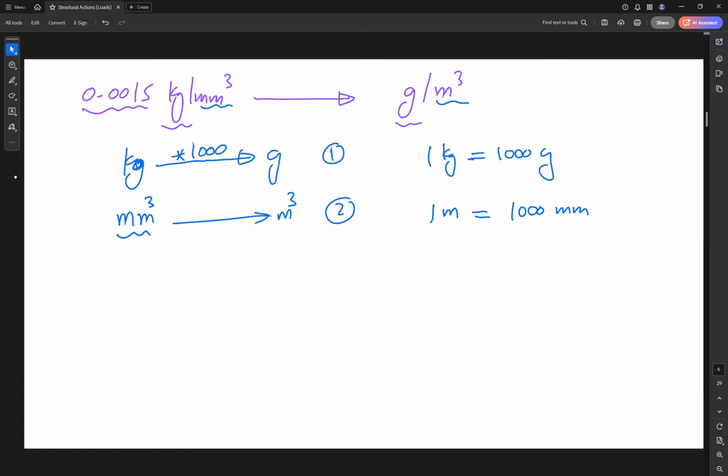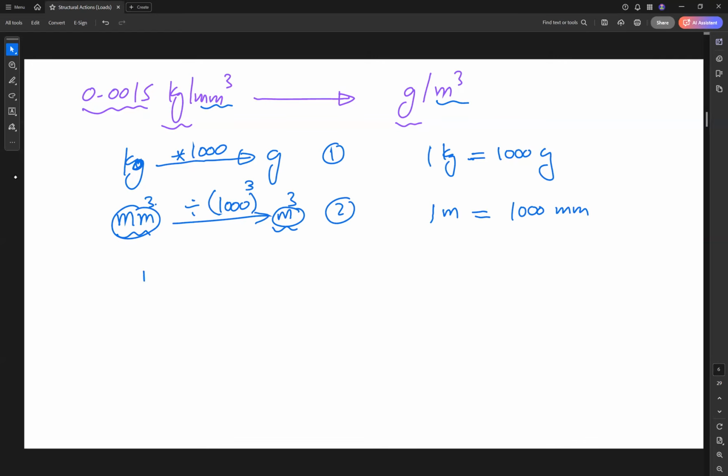So to convert from millimeter to meter, you need to divide by 1000. But this is for 1 millimeter only. If it is cubed, you need to divide by 1000 to the power 3.